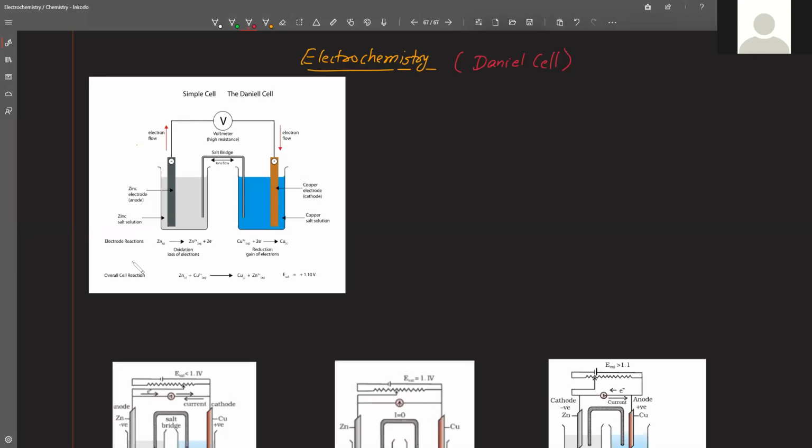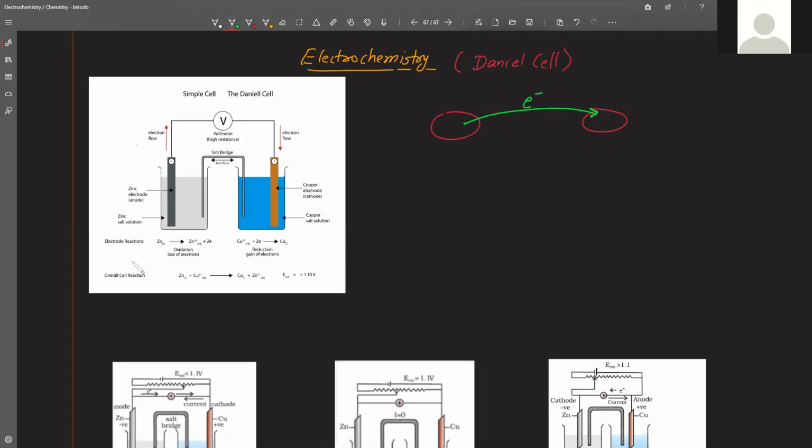Say, for example, there are two entities, and one of them loses electron. It will lose electron to some other entity. Suppose electron is moving from here to here. Now this one is going through loss of electron, so it will be oxidized.